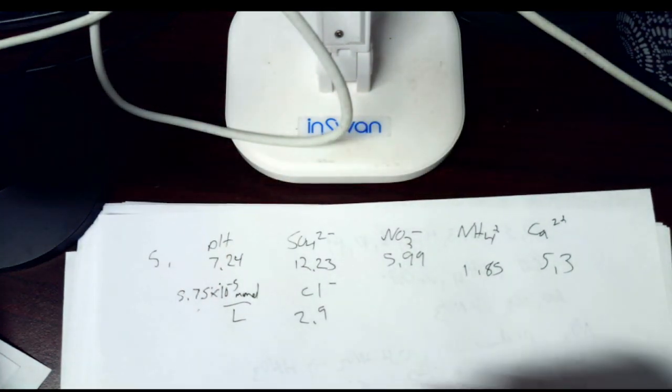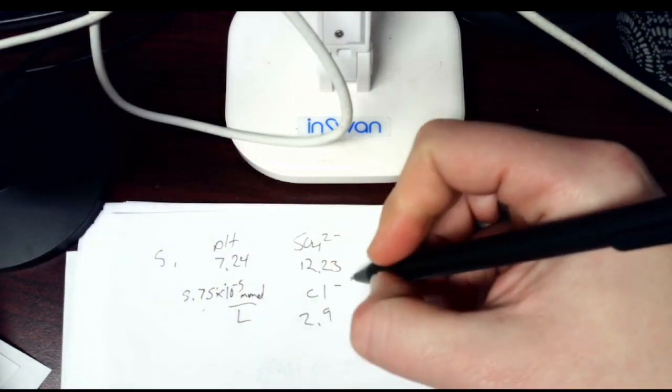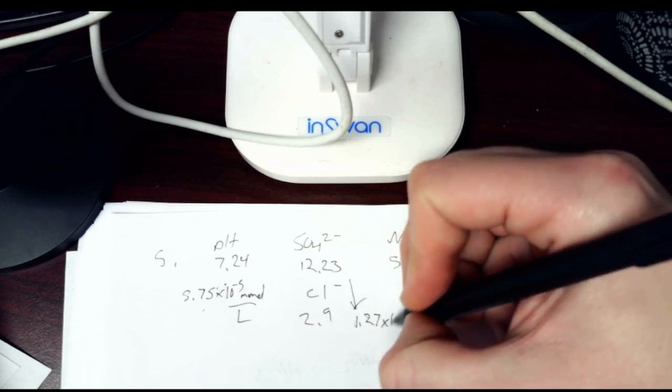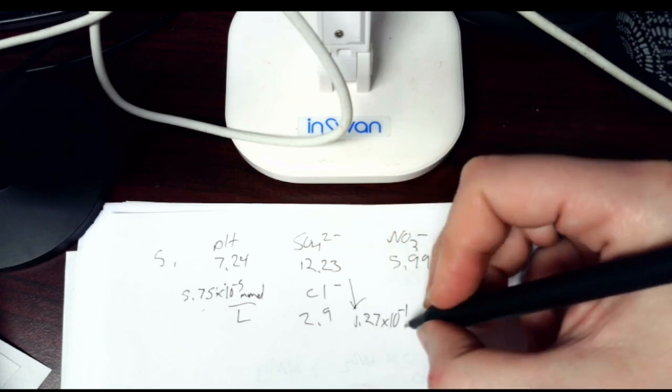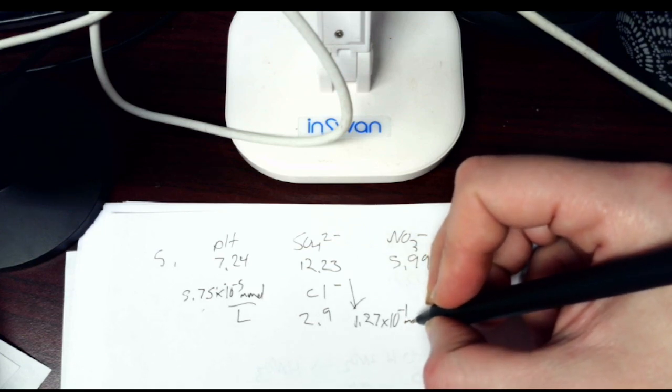But let's look at the anions. So sulfate, 12.23 milligrams. We divide this by 96. We get sulfate is 1.27 times 10 to the negative first millimoles per liter.